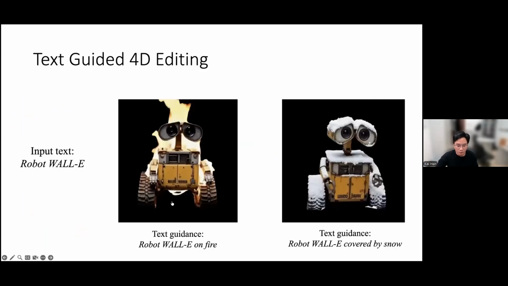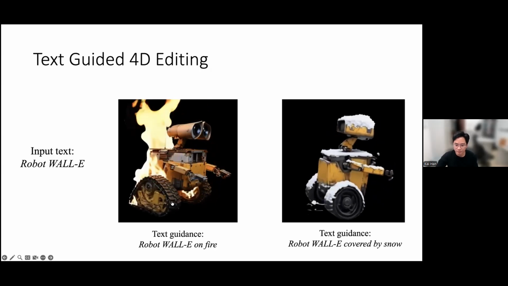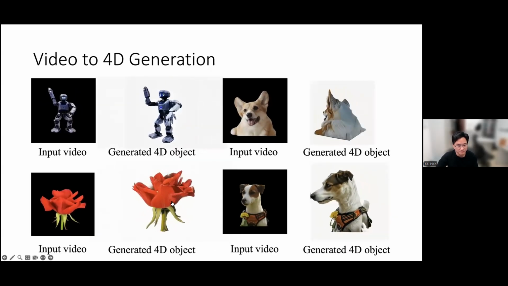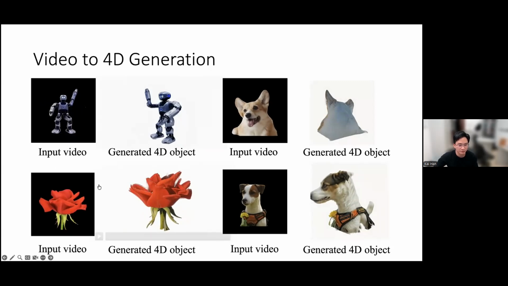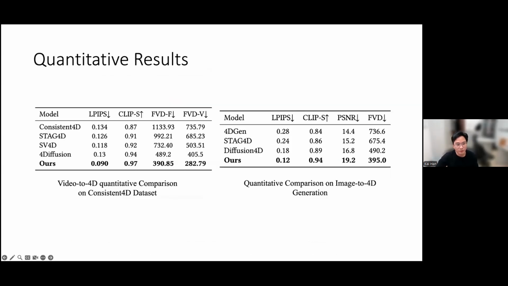And robot Wall-E on fire and covered by snow. And video to 4D. So these are the videos, and these are the 4Ds. So here are some quantitative results, and here our method consistently achieves better performance than the previous state-of-the-art methods.